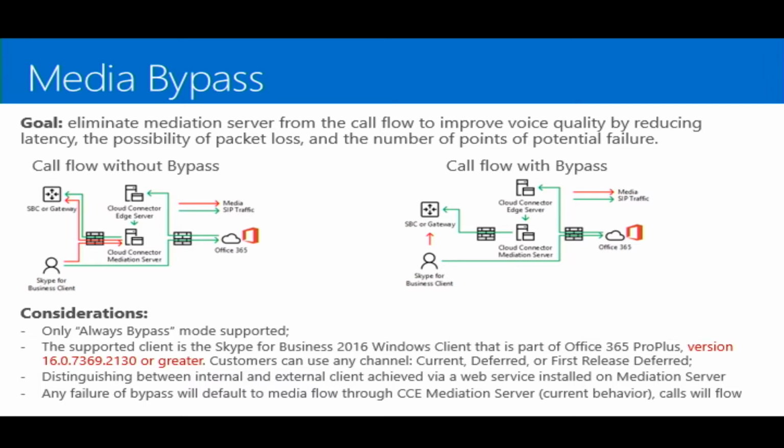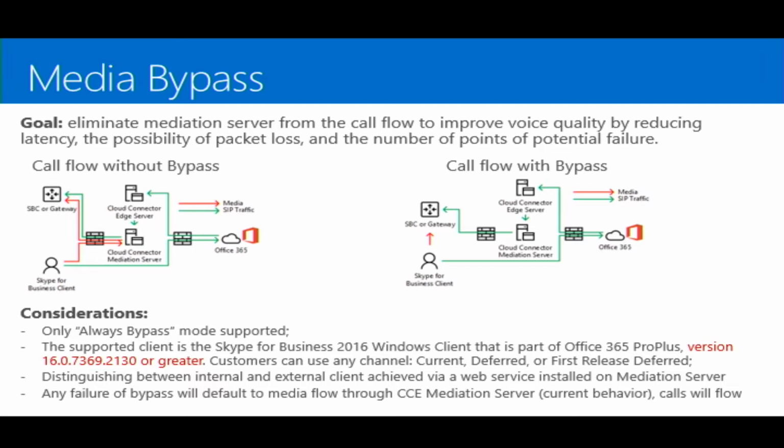Because we still have to talk directly to Office 365, and then the Cloud Connector has to talk to the gateway, and the edge servers involved and all this stuff. So all those components, all those call flows are identical with or without media bypass. So the orange arrows or packet flows are what's interesting.